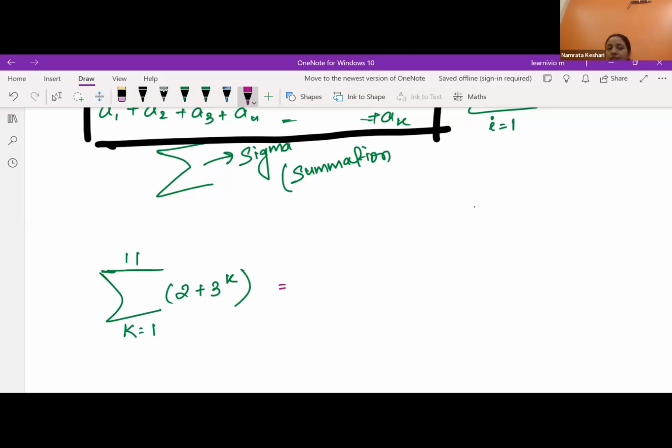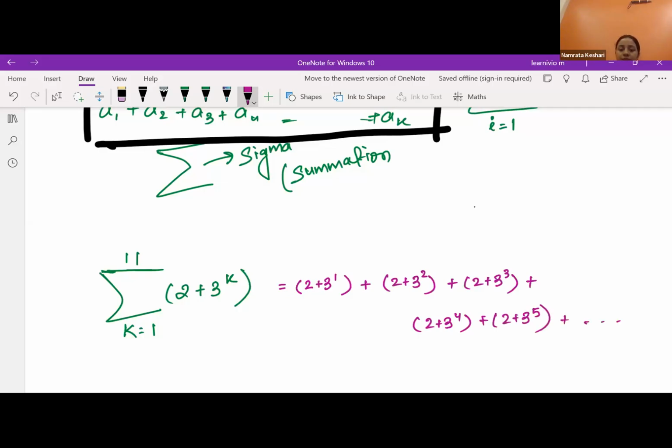So when we write the expanded form, we'll have 2 plus 3 to the power 1 added with 2 plus 3 to the power 2 added with 2 plus 3 to the power 3 added with 2 plus 3 to the power 4 added with 2 plus 3 to the power 5. Making sense, Nabila? Yes, ma'am.